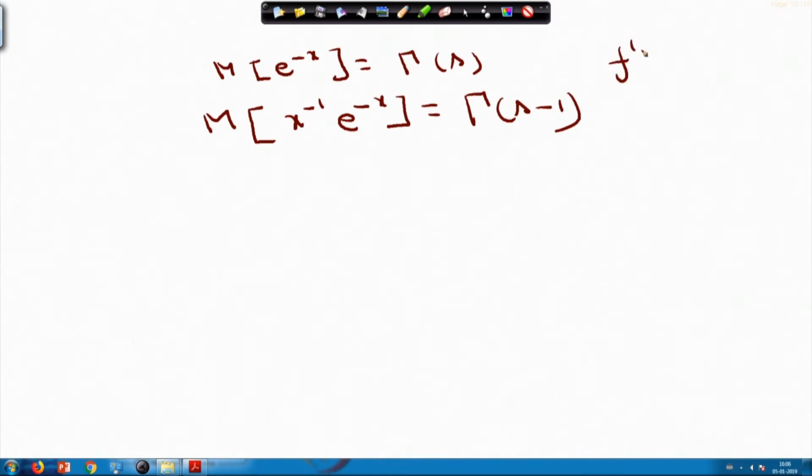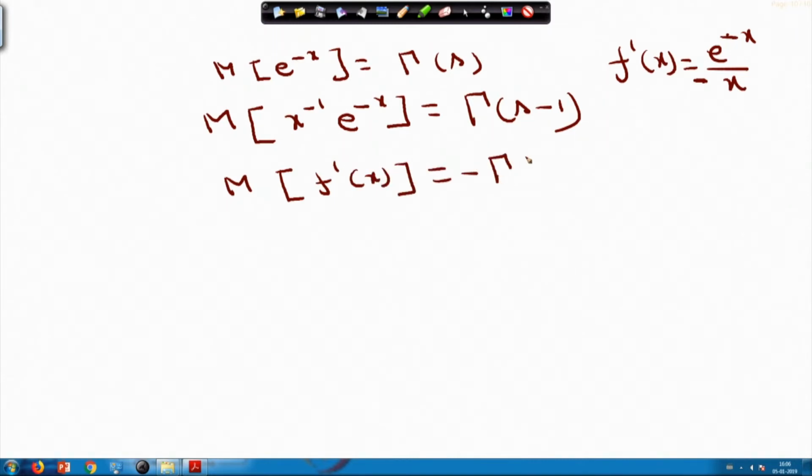In the last slide we wrote f dash of x equals minus e to the power minus x by x, with a minus sign. So, the Mellin transform of f dash of x is equal to minus gamma of s minus 1.